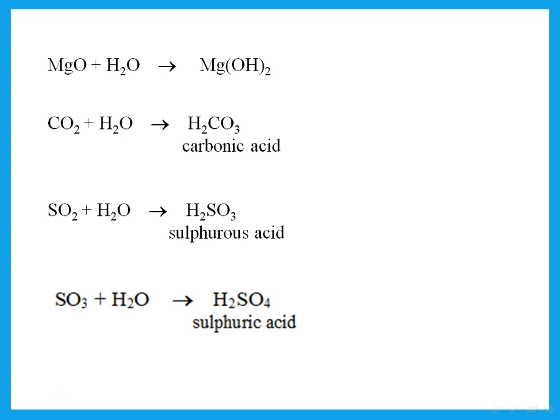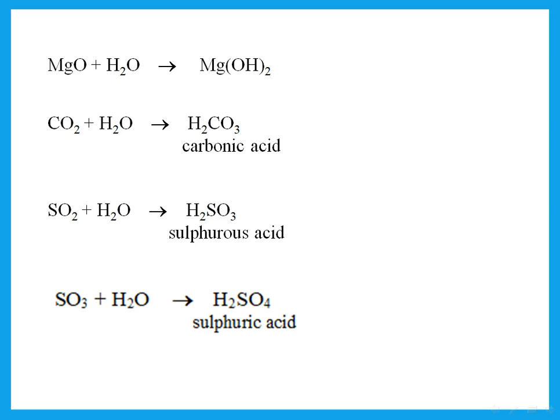That means if I say that it is basic, that means it will dissolve in water to give a base. So magnesium oxide in water will give magnesium hydroxide. If I say that carbon dioxide is acidic, that means it dissolves in water to form an acid. So carbon dioxide dissolves in water to form carbonic acid. Sulfur dioxide is acidic.